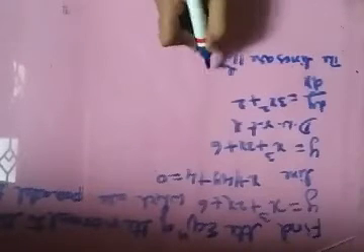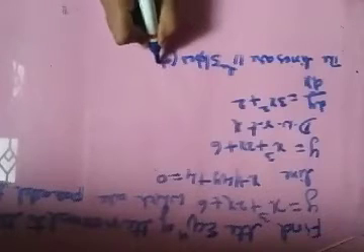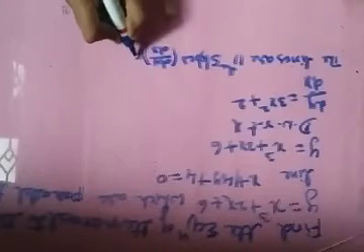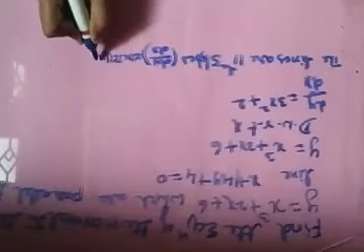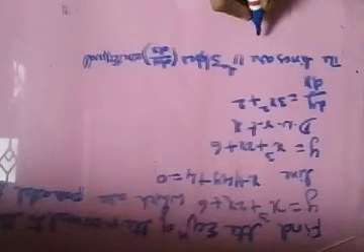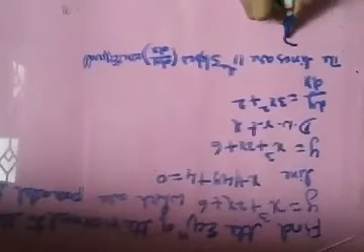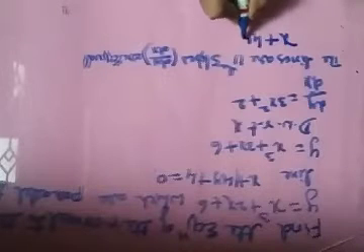If the lines are parallel, the slopes, that is dy by dx, are equal. So the given equation is x plus 14y plus 4 is equal to 0.